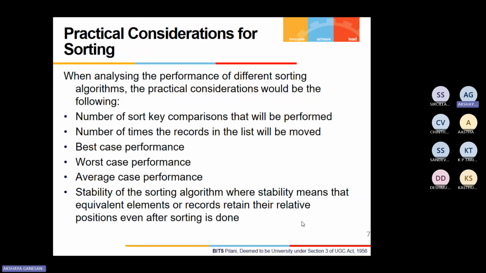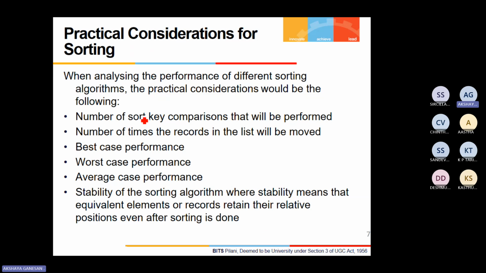What is the instrument we have to measure it? Time and space complexities. So always we have time and space. The same thing we will use. How much extra space is required, and how is the time, which takes less time. That is how we decide which is the best algorithm.